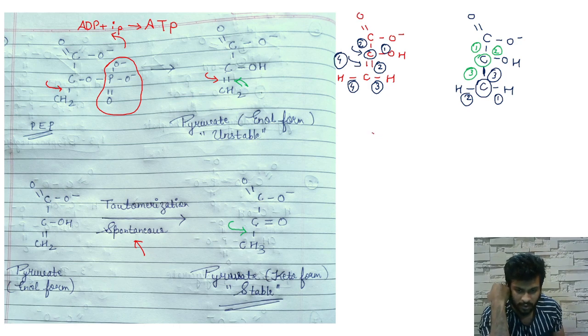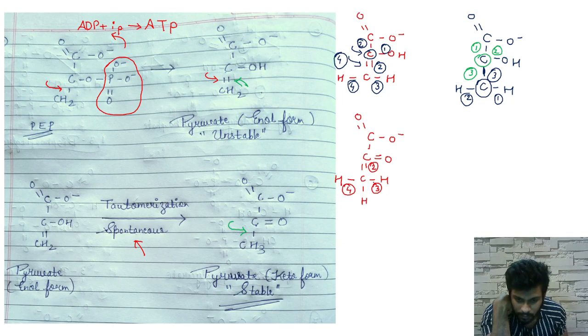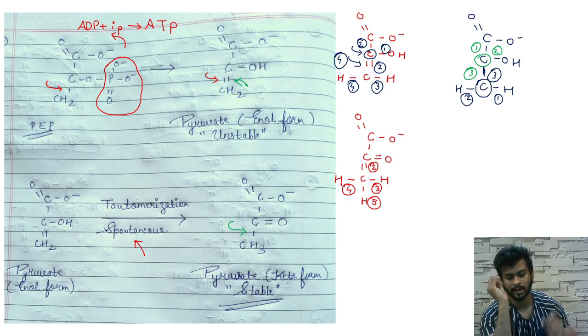So if I draw a structure, if there were a double bond like this, then it was not correct because these 2 bonds, 3, 4, 2nd, 3rd and this is the 5th. But carbon cannot form 5 bonds, it can form 4 bonds. That's why there is a single bond over here.